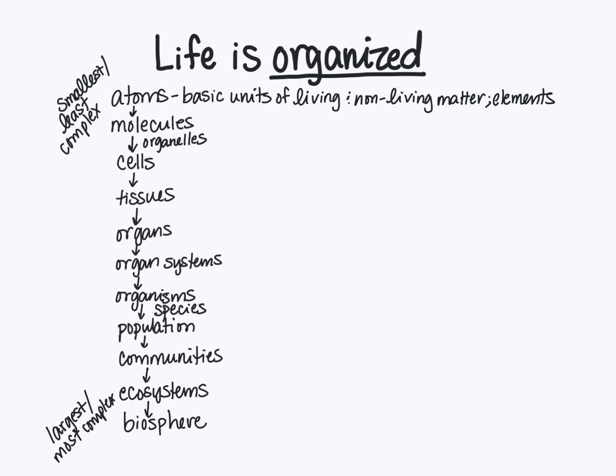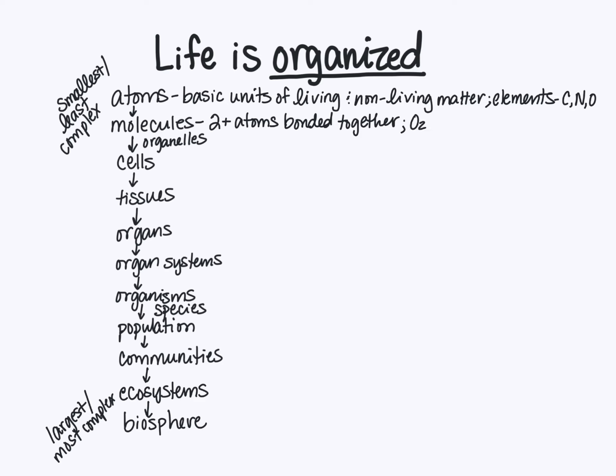So examples of atoms are going to be things like carbon, nitrogen, oxygen, etc. Molecules are just made up of two or more atoms bonded together. And examples include things like oxygen.